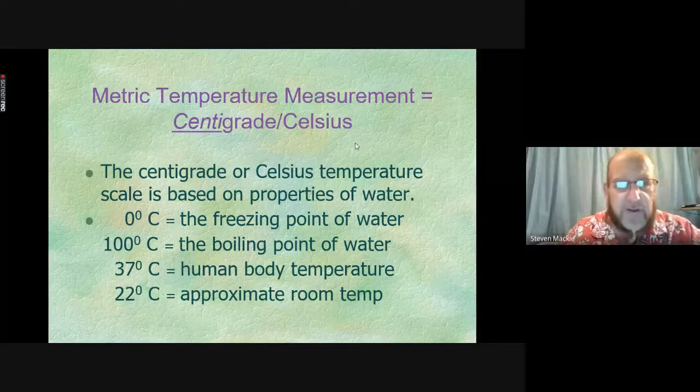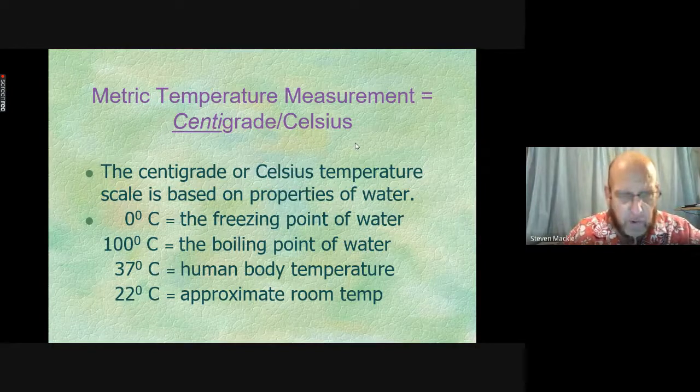And look, you're going to use a centigrade thermometer in this lab, but I would like you to memorize and know these particular points. The centigrade or Celsius temperature scale is based on properties of water. 0 degrees centigrade is the temperature where water freezes. 100 degrees centigrade is the boiling point of water. 37 degrees centigrade is human body temperature, and 22 degrees centigrade is the approximate room temperature, and that 22 degrees centigrade is about 70 degrees Fahrenheit-ish.